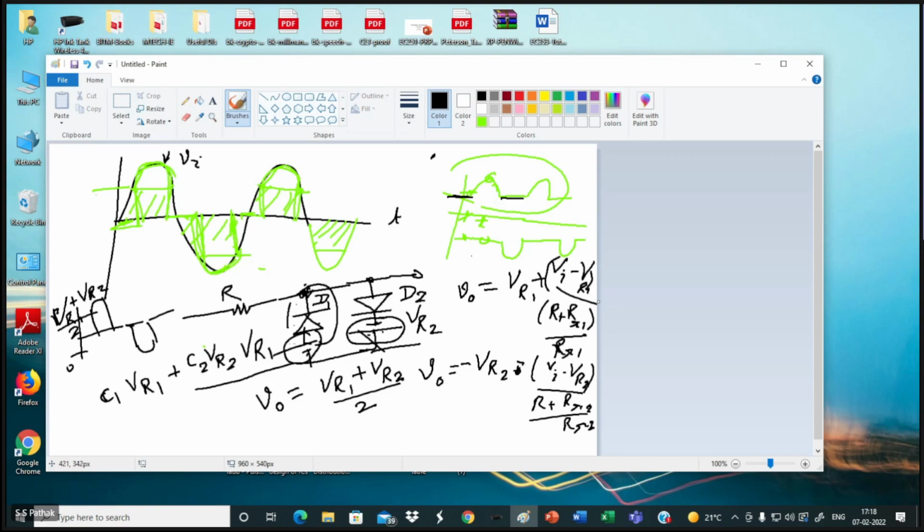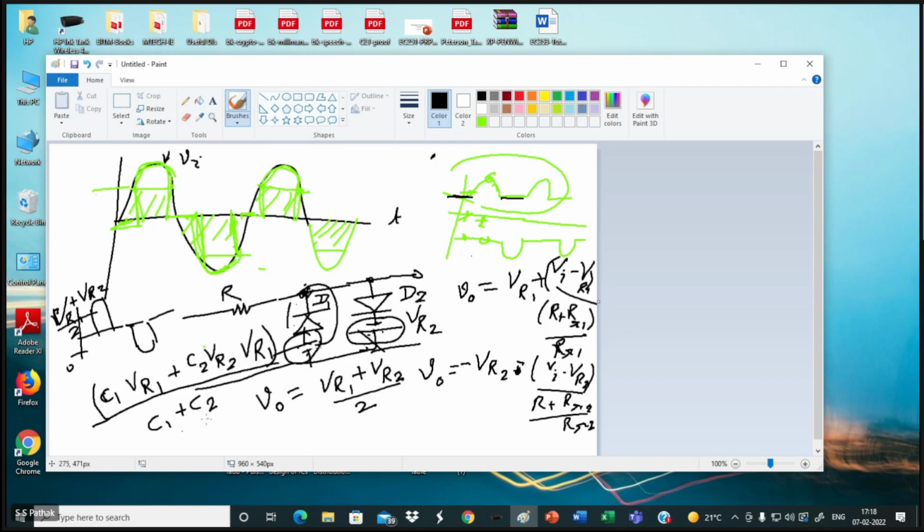So this becomes my charge Q. Suppose I want to find the voltage. So V equal to what? Q by C, and that C will be two C's in parallel, C1 plus C2. So two batteries will be considered a parallel combination. That total capacity is C1 plus C2. So V is C1 into Vr1 plus C2 into Vr2 divided by C1 plus C2.